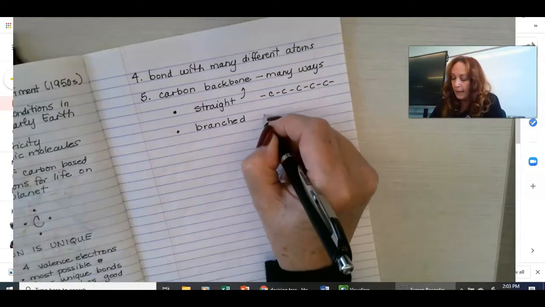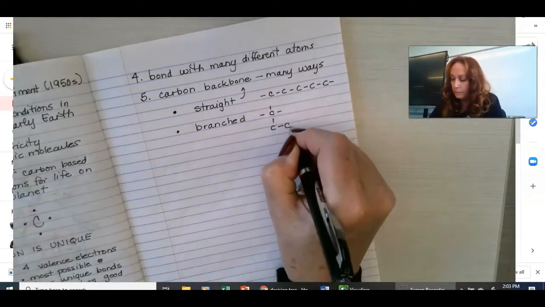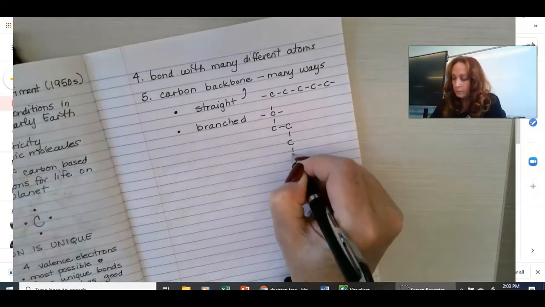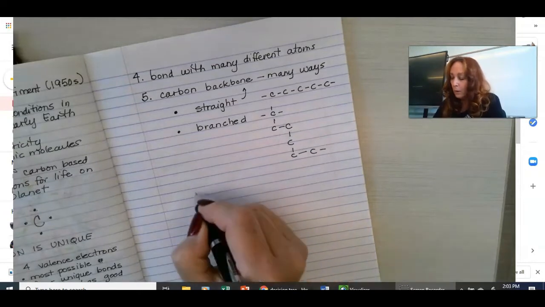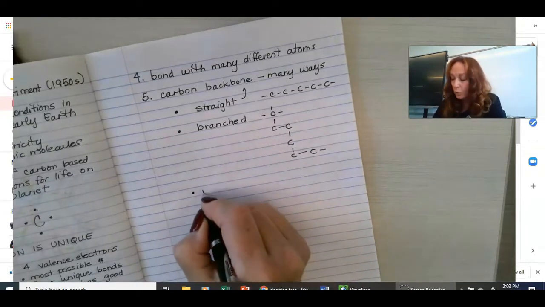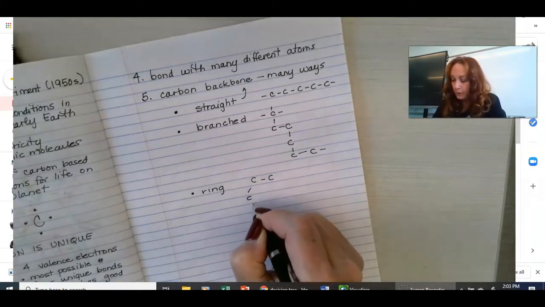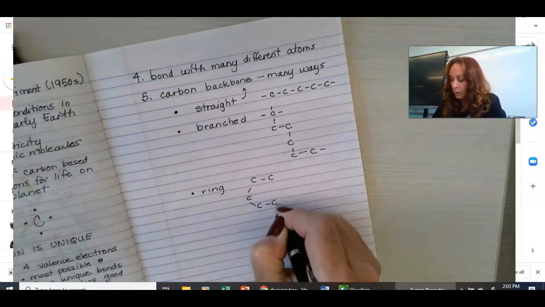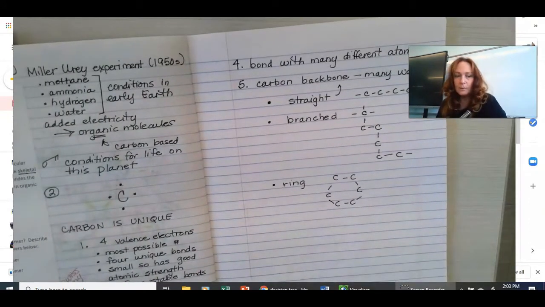So you might have a carbon, branched. So not straight, but still fairly linear. Or you can have a ring. It's not going to be too difficult. I've told you I'm not worrying at all about any type of double, single, whatever, but you could have a ring shape.